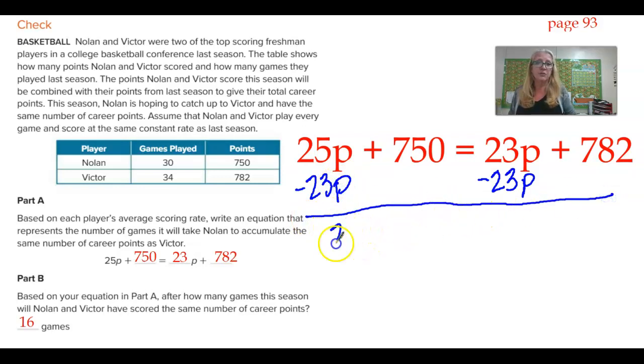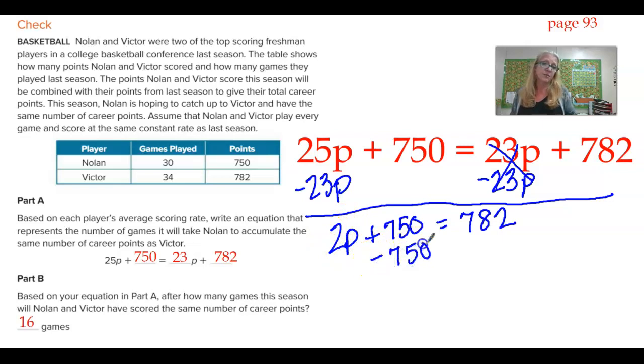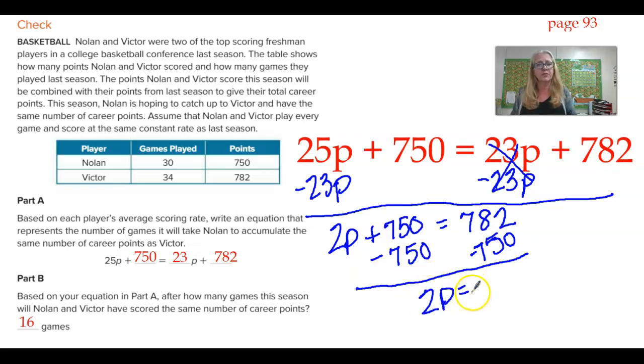That gives me 2p plus 750 equals 782, because these are gone now. Now my next step would be to get the variable term by itself. So I subtract 750 from both sides. Oh, I started with 50. All right. And that gives me 2p equals 32.